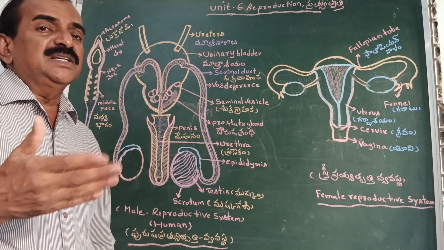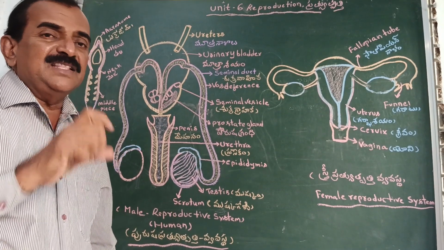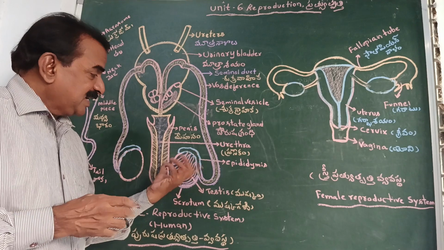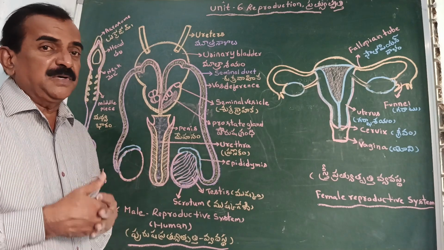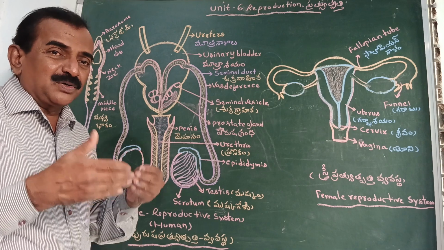When they reach the adolescent stage at around 13 years, testosterone hormone is released, and in its presence the testes produce a large number of sperms, and the sperm is called the male reproductive cell.